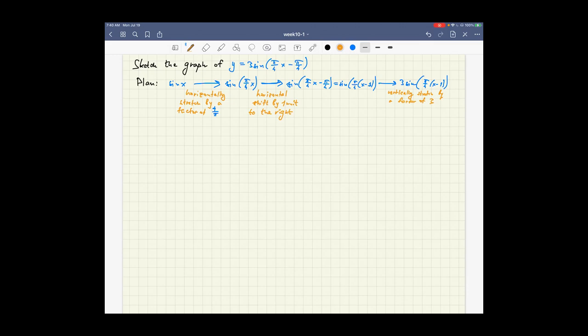All right, let's start with the classical graph of sine x. And the scale will, as before, be 4 squares corresponds to pi along the x-axis.